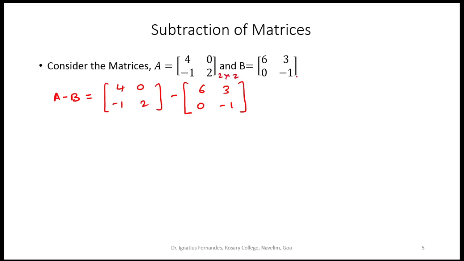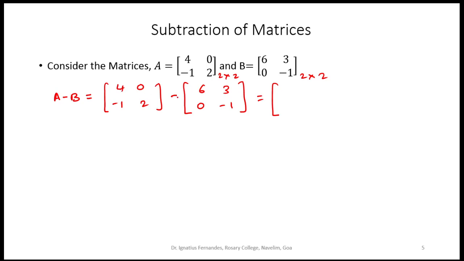Now this is a 2 by 2 matrix, this is also a 2 by 2 matrix, so I can subtract B from A. So to subtract the matrices, the similar principle, you have to subtract the value in the second matrix from the respective position value in the first matrix.